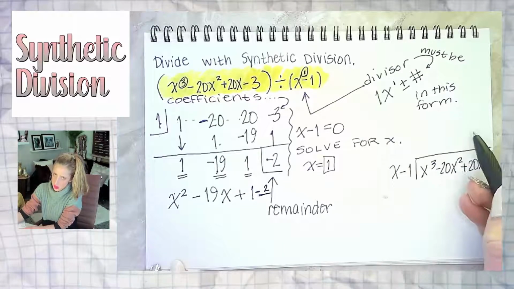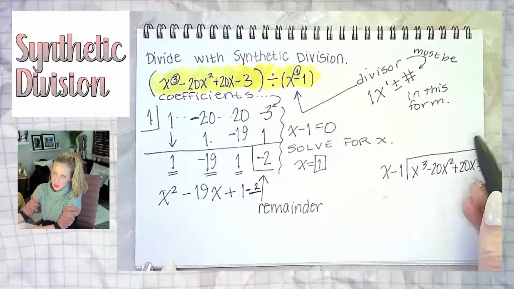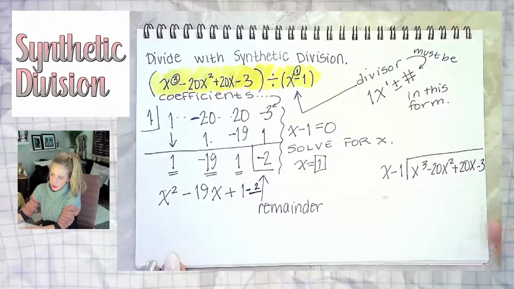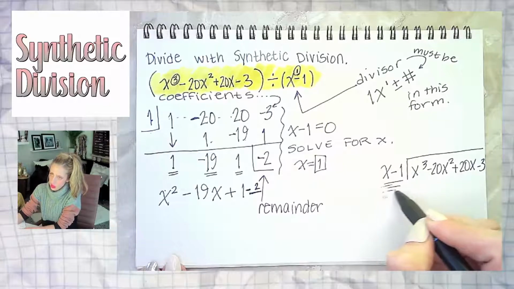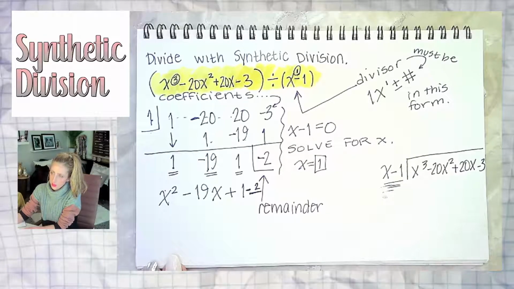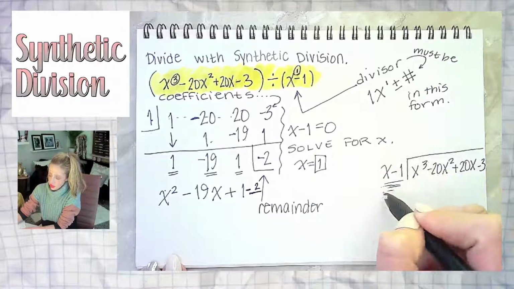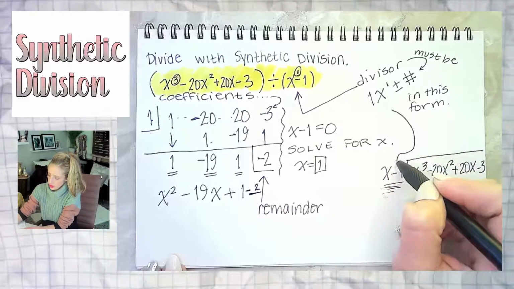The remainder, when I would write it up top over here at the end, what did I always put it over? The last number. Not the last number. You put it over the thing you're dividing by. This one's the dividend. This one's the divisor. Oh, divisor. So this is the divisor.